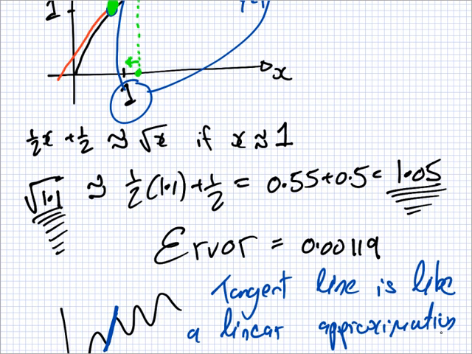But of course it's only an approximation, which means it's only good in certain regions, in this case when x is near 1. And you can actually describe it as convergent, that when x moves towards 1, our square root also moves towards 1. So they converge to be perfectly right at 1.